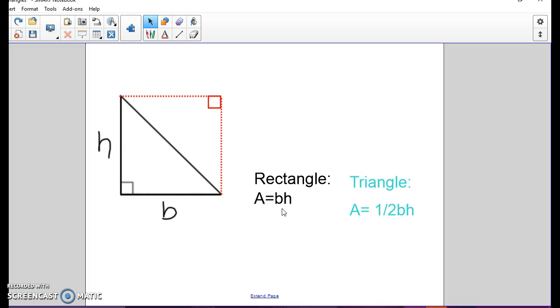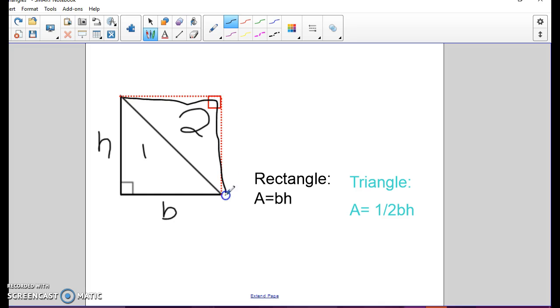And we determined that for a rectangle the area is base times height. Well, our triangle is going to be 1/2 base times height, because there are 2 triangles in this rectangle, 1, 2, but we only need one of them. And so we're going to take 1/2 of the full rectangle. So 1/2 base times height will give us this triangle, which was our original triangle.